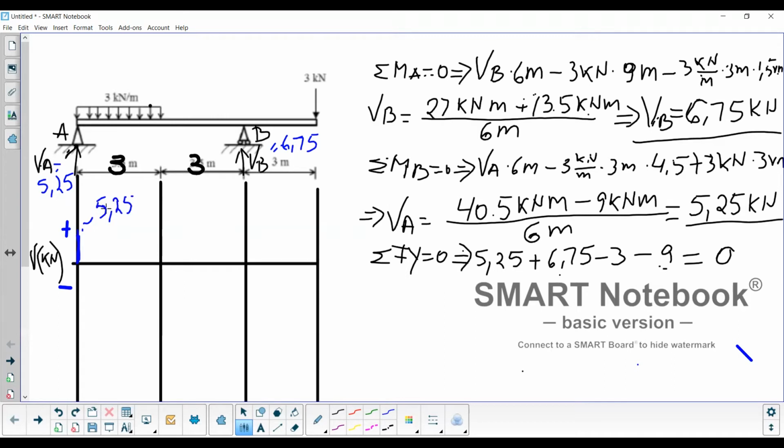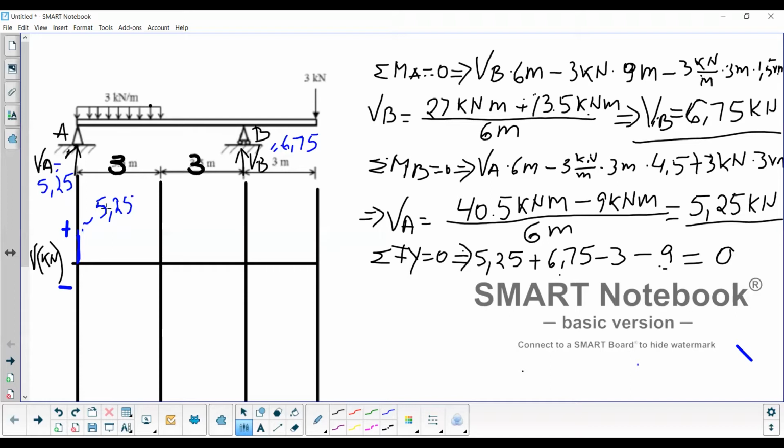Now from here, in this first section of ours, we have a uniformly distributed load, which means our diagram will look linear. And let's see how much do we have to go down, because our load points down. We're gonna go down 9 kilonewtons.